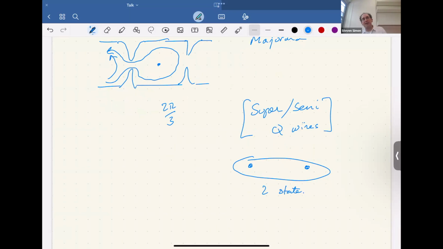I would say that it's been problematic. There were a bunch of retractions of papers trying to detect Majoranas, retracted for different reasons. I don't expect to see those retractions in any of these quantum Hall experiments recently.